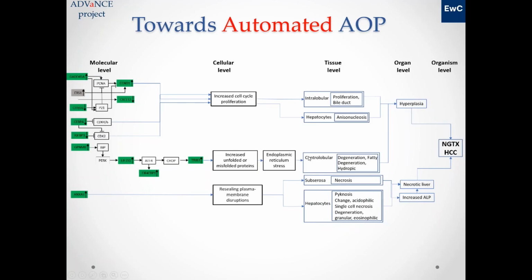And then we tried to connect them with the findings at the tissue level, which could explain quite nicely some of the findings. And then at the organ level, here we had the increase, the hyperplasia and necrotic level, which eventually we assume, and it is described in literature, lead to non-genotoxic induced hepatocellular carcinoma.